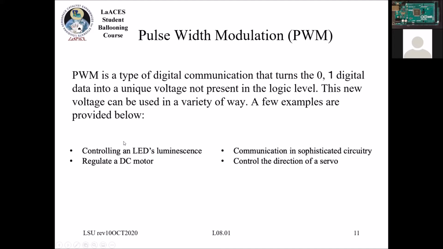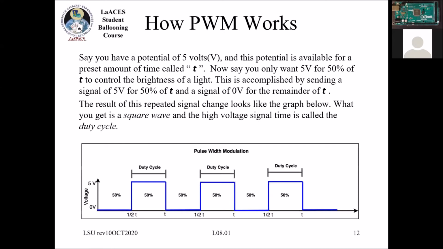So you can use that to control the brightness of something. You can change the speed of a motor, or you can change the direction of a servo, which is just basically a small pivoting motor. So based on the width of the pulse, you can set it to 90 degrees, 10 degrees, 15 degrees. The point is you have basically a variable width output.